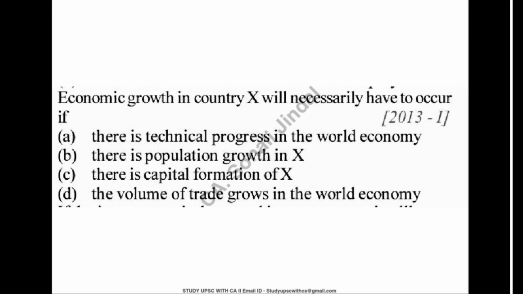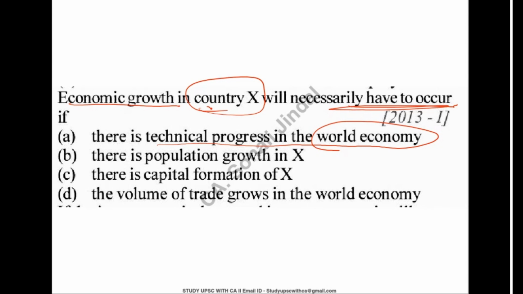Next question is, economic growth in the country will necessarily have to occur. Let's read the first statement. Technical progress in the world economy. If there is technical progress in the world economy, maybe it will not help India, or say country X. Another thing, if there is population growth, certainly it will not help.